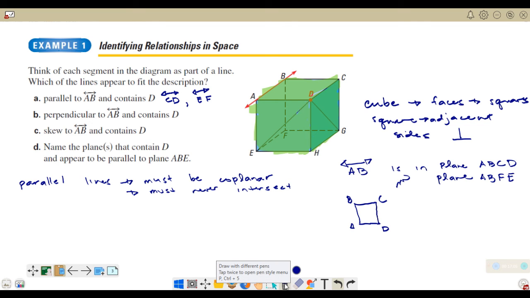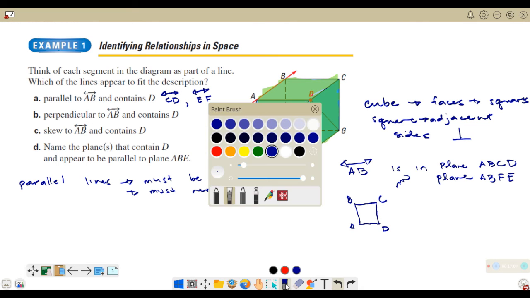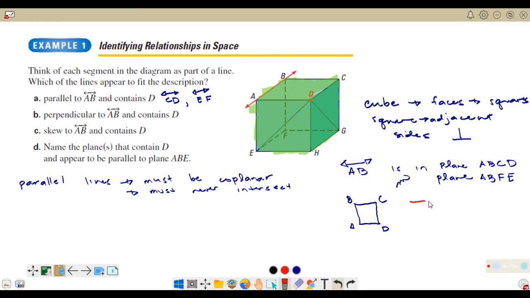Yung isa pang plane natin na nagko-contain kay D, yung hinighlightan natin dito, we have DC, GH. And finally, ADHE.